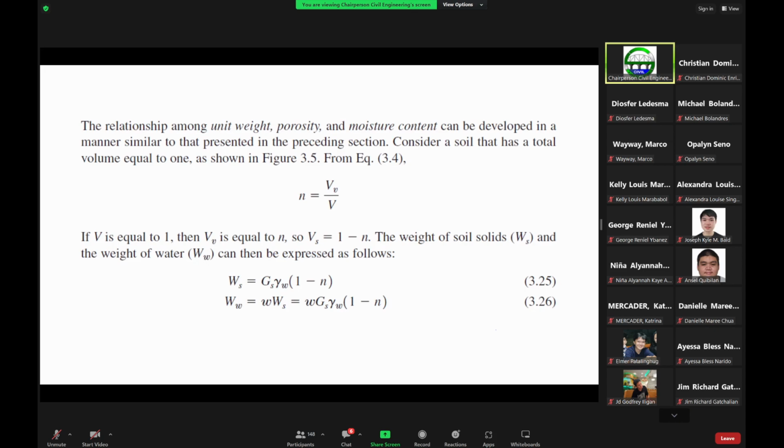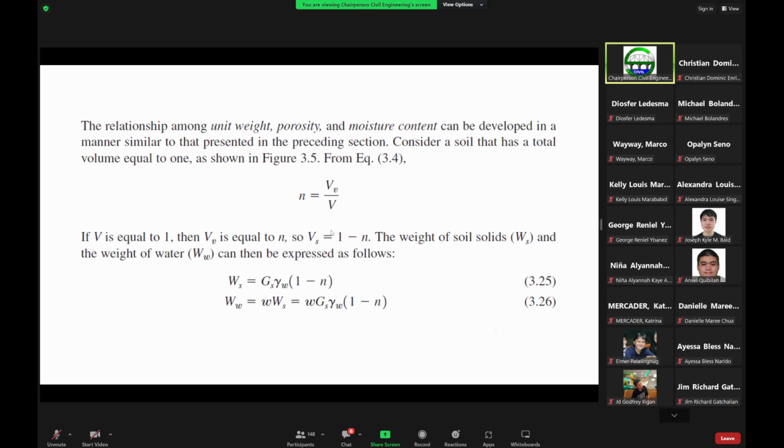Just to recall, the porosity is defined as the volume of voids over the total volume. So if we assume that the total volume is equal to 1 this time, then the porosity will just be equal to the volume of voids.